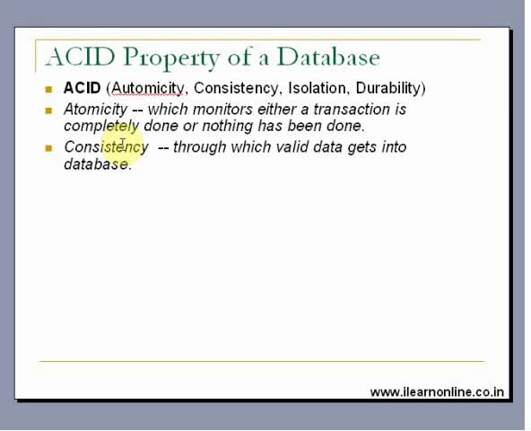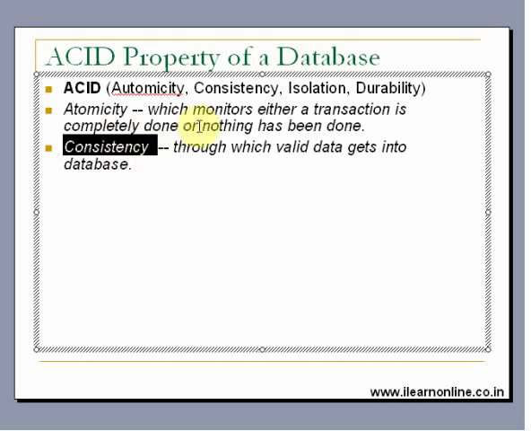So what is consistency? Consistency is a property through which valid data gets into the business. If I have a business rule which says the salary for every employee in this organization should be greater than 5,000, then we should make sure that the data we have in the database follows that particular rule. So that is the example for consistency.